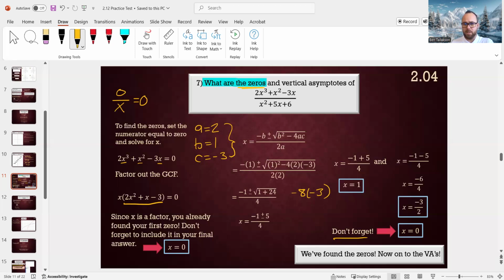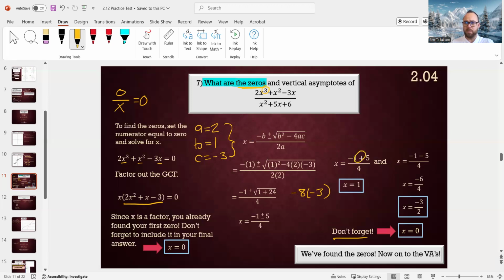But what does it mean if you have a plus and a minus sign? You should remember that means you have two different zeros that are going to come out of it, which is perfect because in this numerator, the highest power of 3 tells us how many zeros we're going to get. So we already have the 1 from earlier, and now it's time to get the two others.